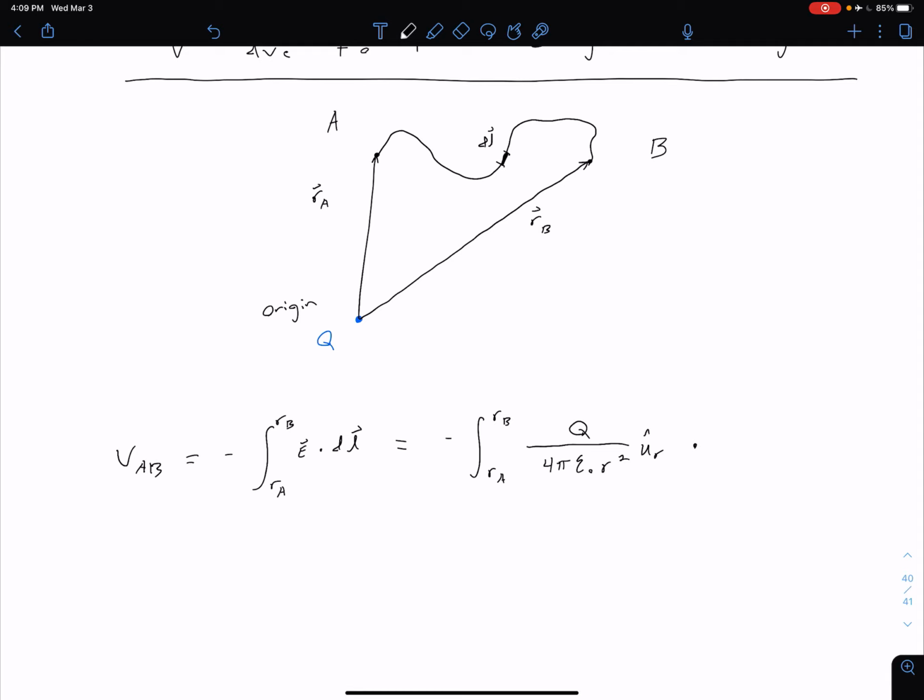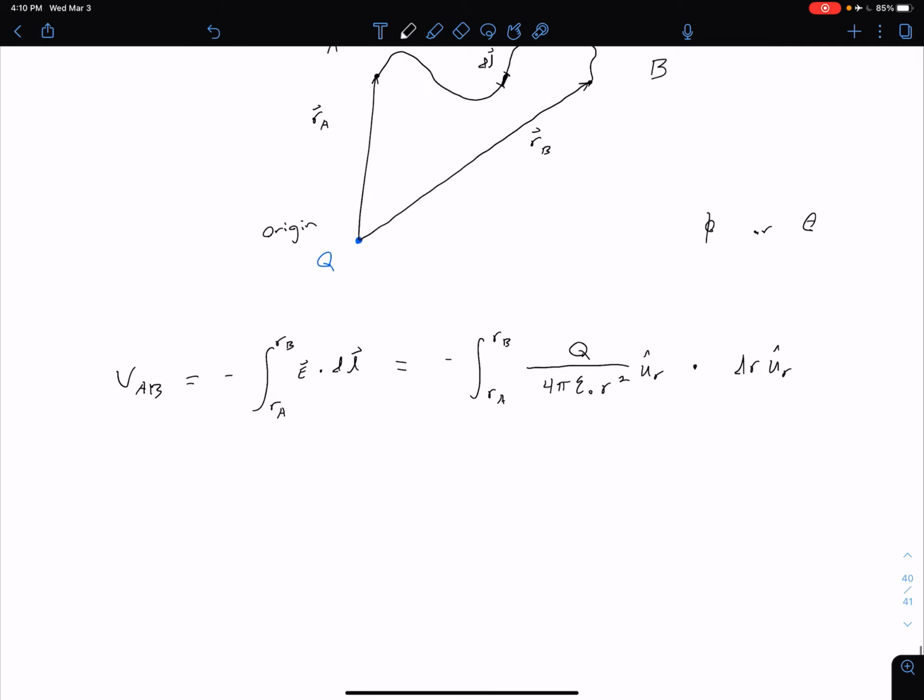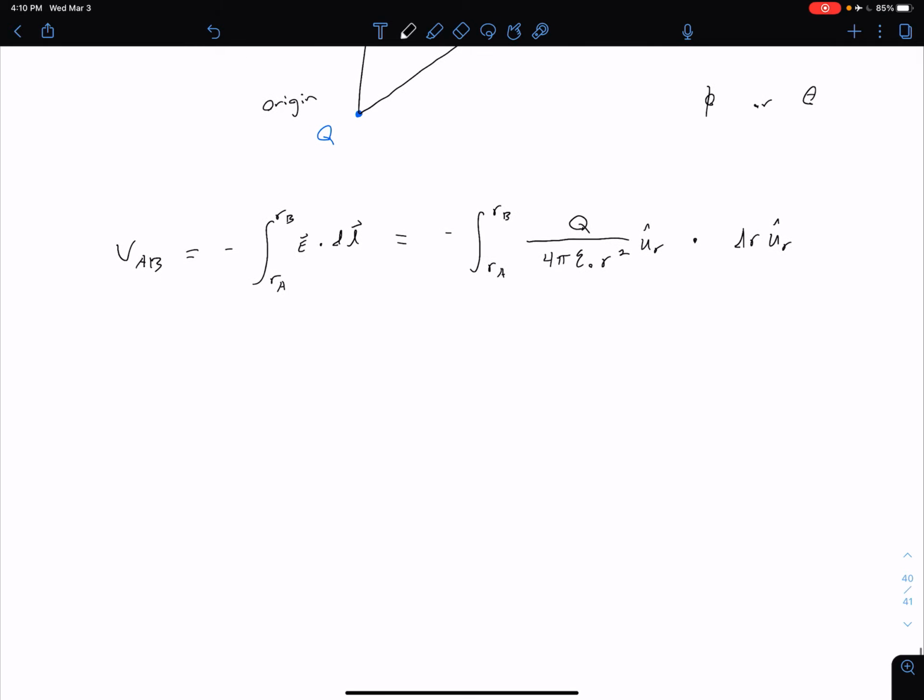And so just based on our definition of the dot product, any components that are in the phi or the theta direction, if we do a dot product of that with this u of r here, it's going to go to 0. So what that means is the only component that is really relevant is our dr in our r direction. Okay, so what we get from that is we evaluate the integral.